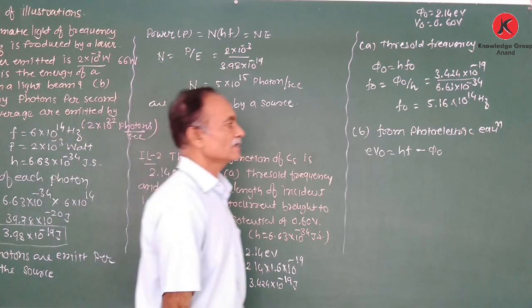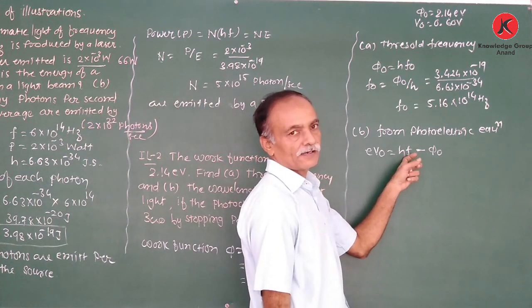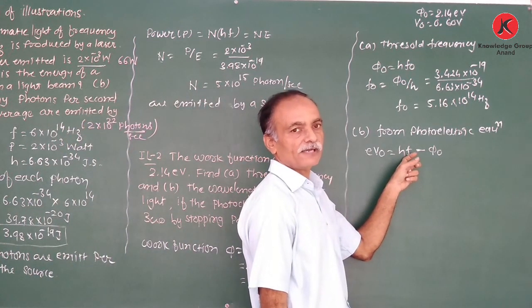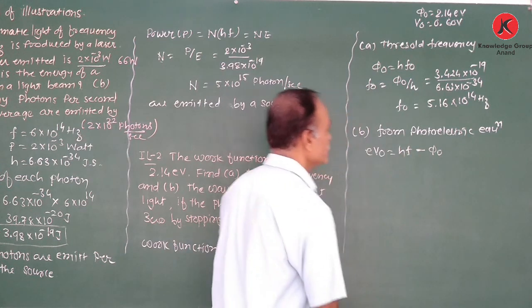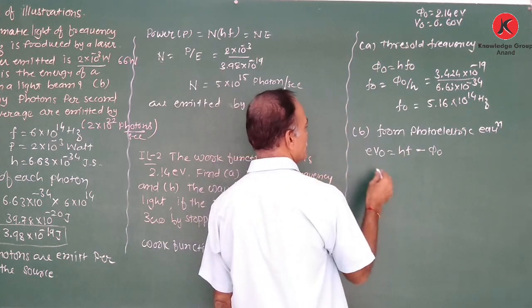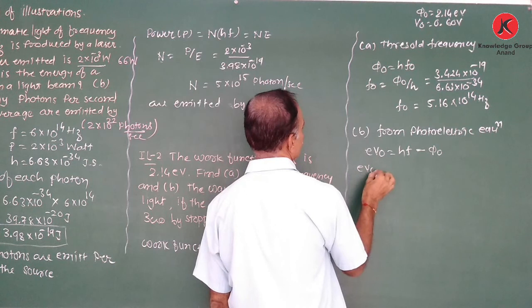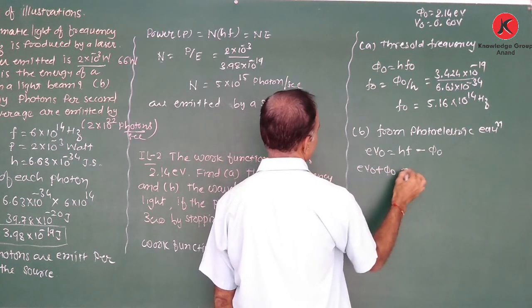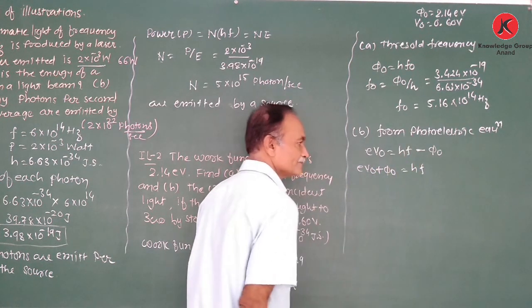Here there are two methods. Find out f and convert using c is equal to f lambda. Or the second method: e V0 plus phi 0 is equal to h f.